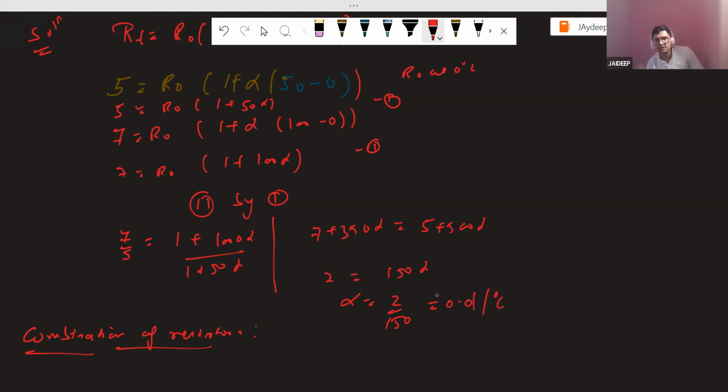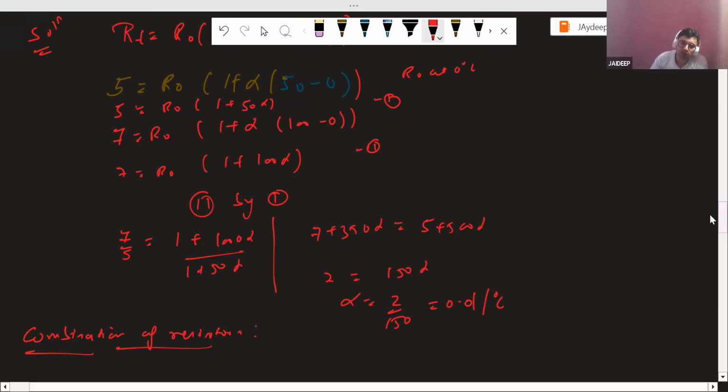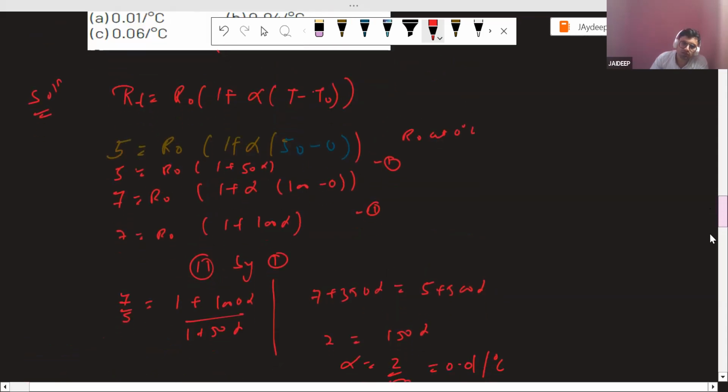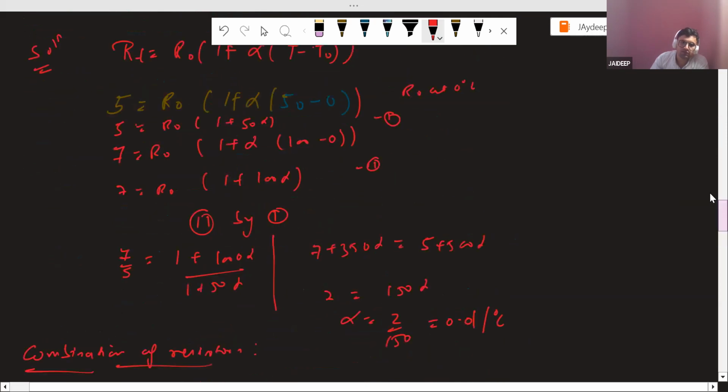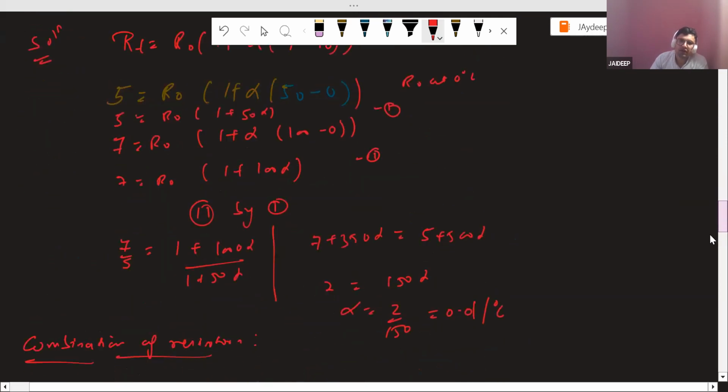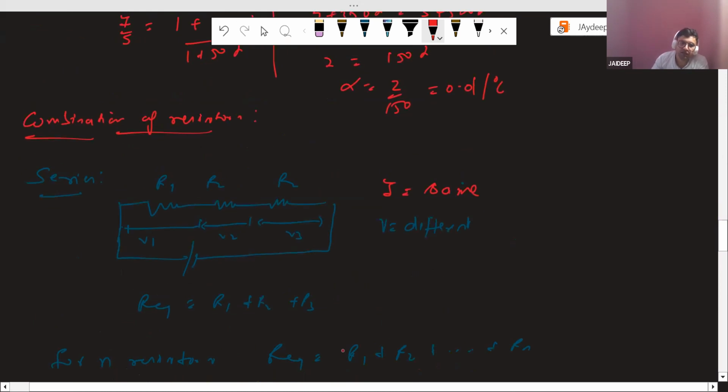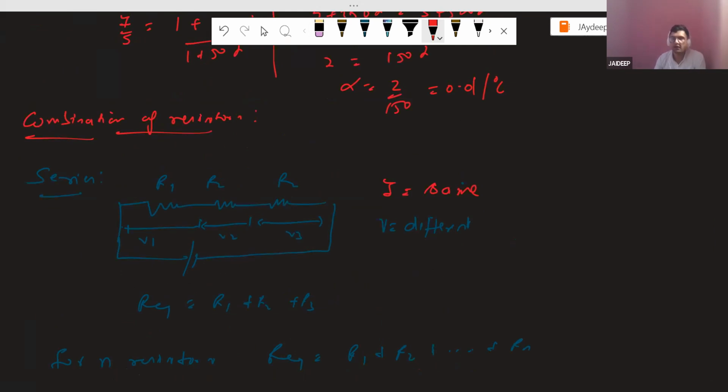So R0 is the resistance at 0 degrees. Okay, clear? Shall I move? Maimuna, Farhat, is it clear with everyone? Yes, sir. Saifullah, what is the formula to calculate alpha?